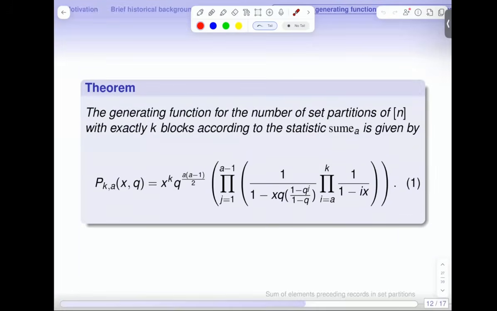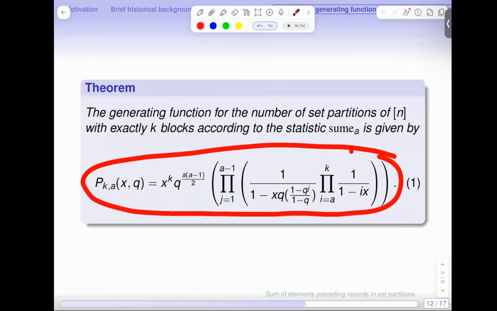Let me now show you some results about this research. Here we have a formula for the generating function for the number of set partitions of the set n with exactly k blocks according to the statistic sum A. And this is the formula.